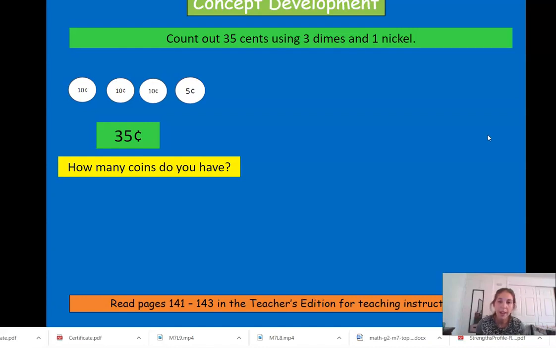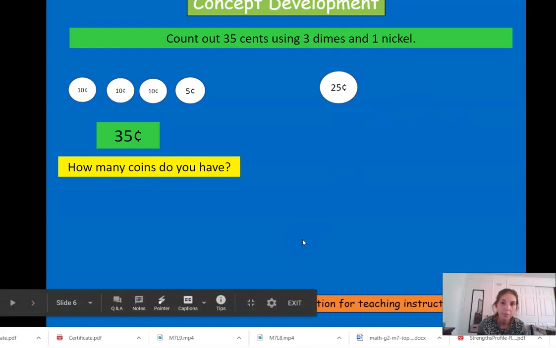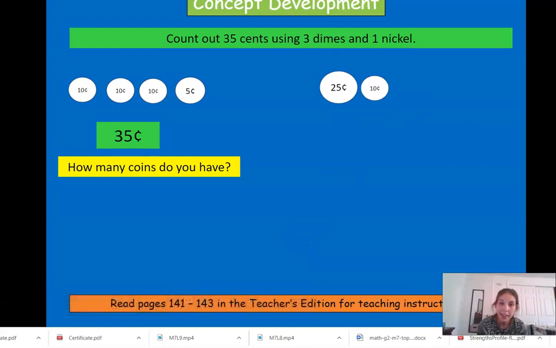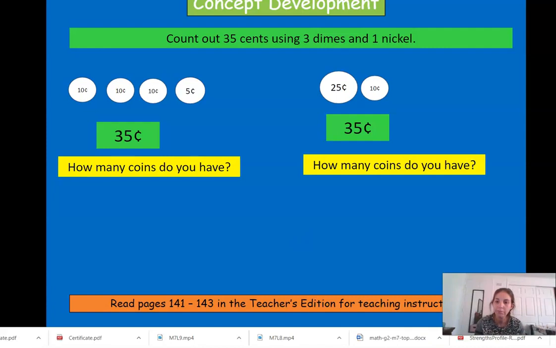How many coins do you have? 4, right? 4 coins. I'm going to show you another way. 25, 35, 35 cents. How many coins do we have? 2.